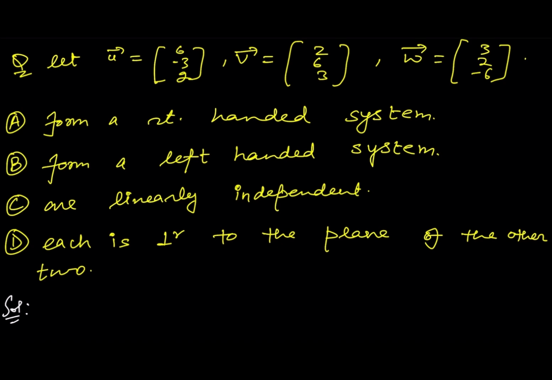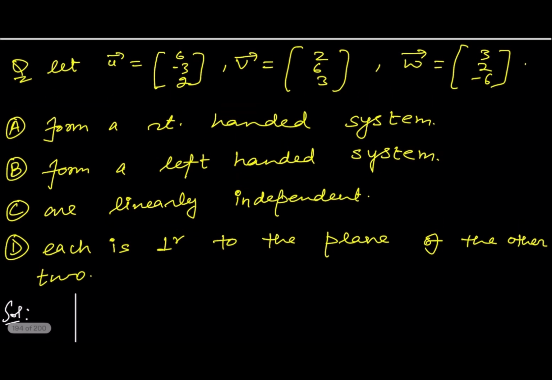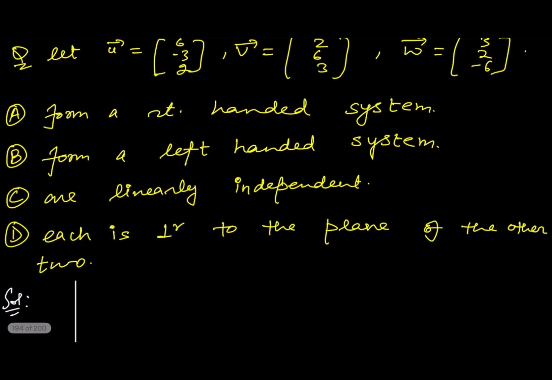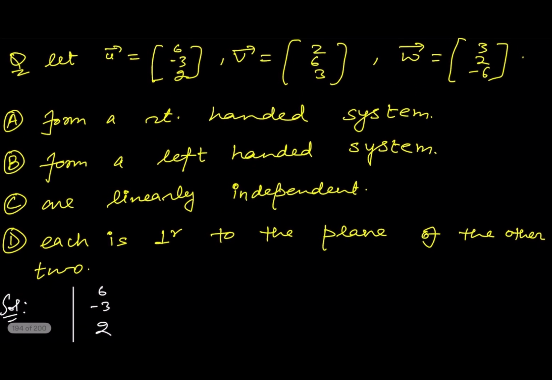So first of all, I will find the determinant of u, v, w, which is the determinant of 6, -3, 2, column wise as column vectors are given, 2, 6, 3, 3, 2, -6.